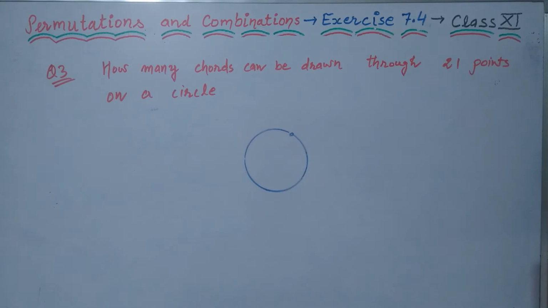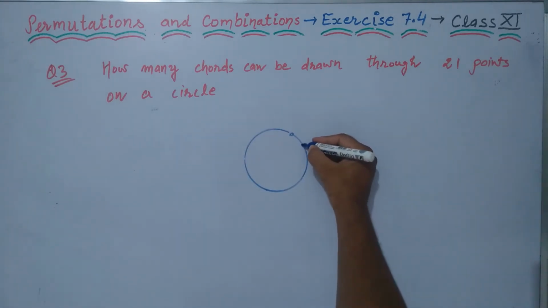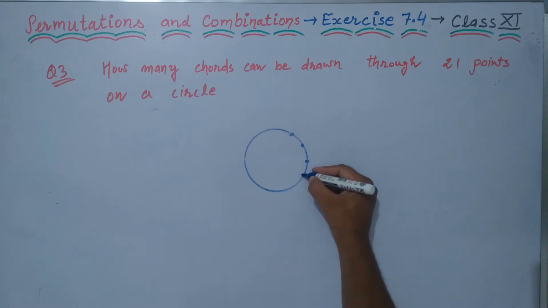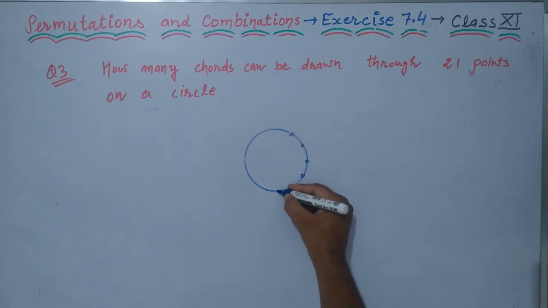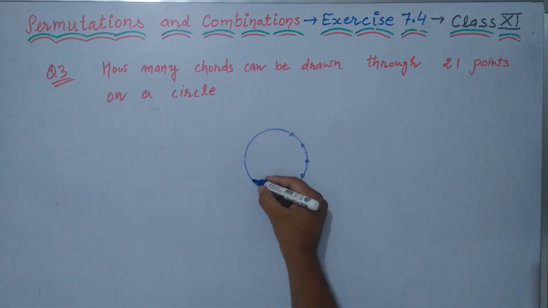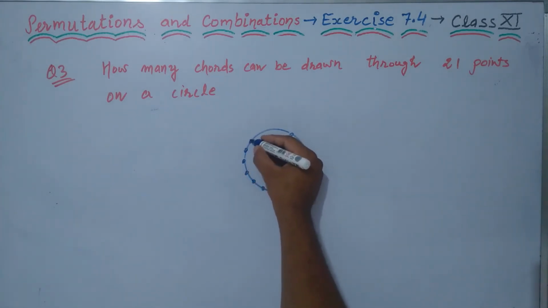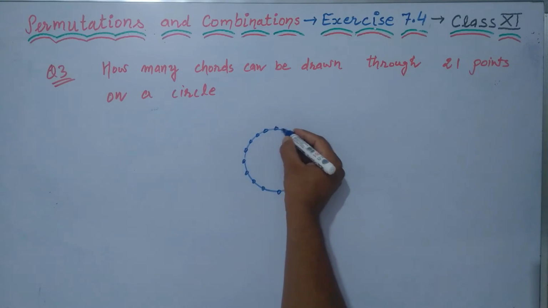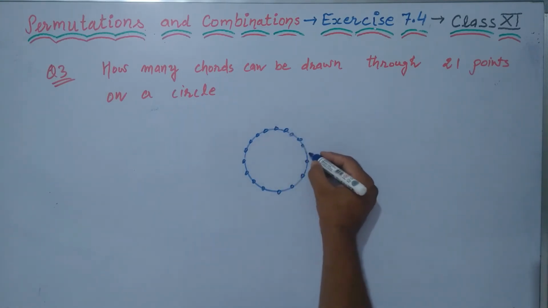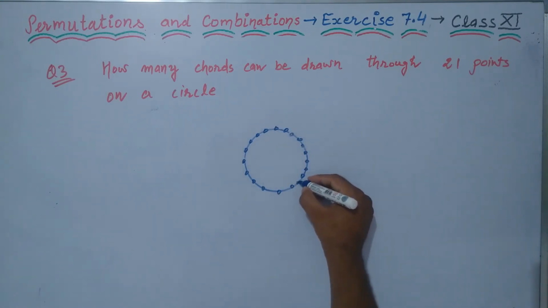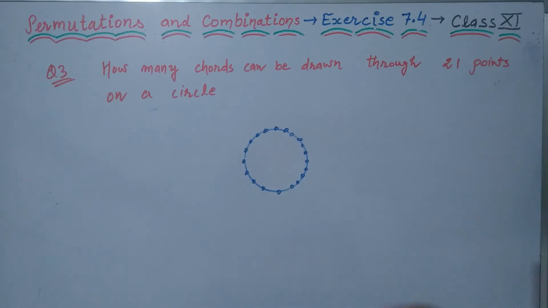So all the 21 points, 1 2 3 4 5 6 7 8 9 10 11 12 13 14 15 16 17 18 19 20. So now what is the thing? In how many ways can chords be drawn?